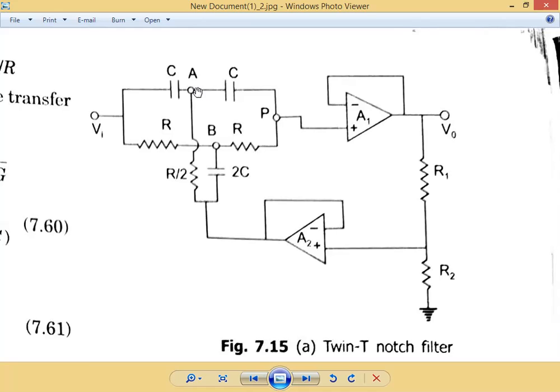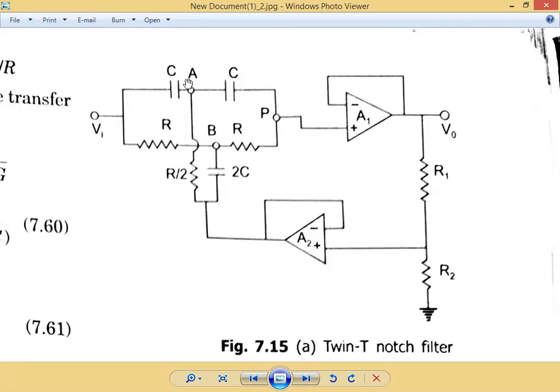At node A, if you are writing KCL, the input is VI minus VA, into, in the frequency domain, SC. As we are writing in the frequency domain, we place the capacitor as SC.